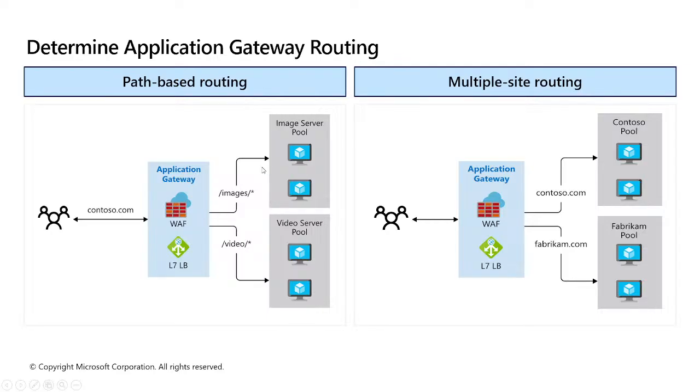On this path-based routing, we've got images and videos. In the same way, you can use this for two different servers or two different applications. In this case, we've got contoso.com and fabricant.com, and based on what the user really wants, you redirect the user there.